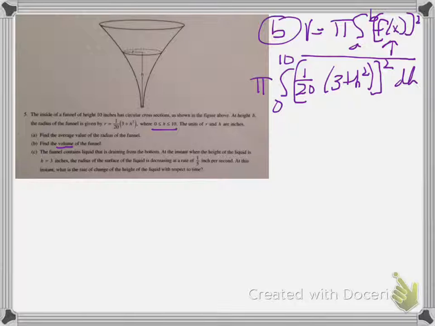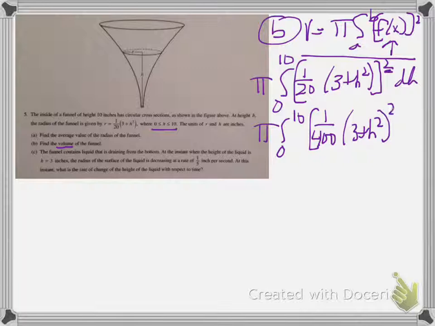Okay, and because it's no calculator, we're going to have to do some work by hand, but that's okay. So let's first simplify a little bit. 1/20th to the second power is going to be 1 over 400. And then we have 3 plus h squared, all squared, dh.